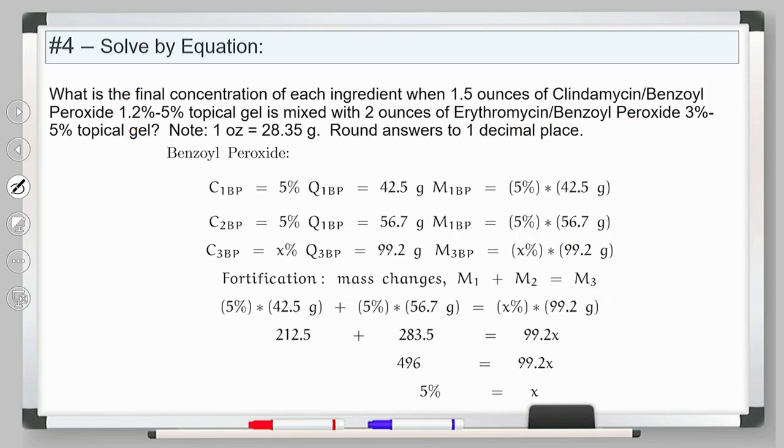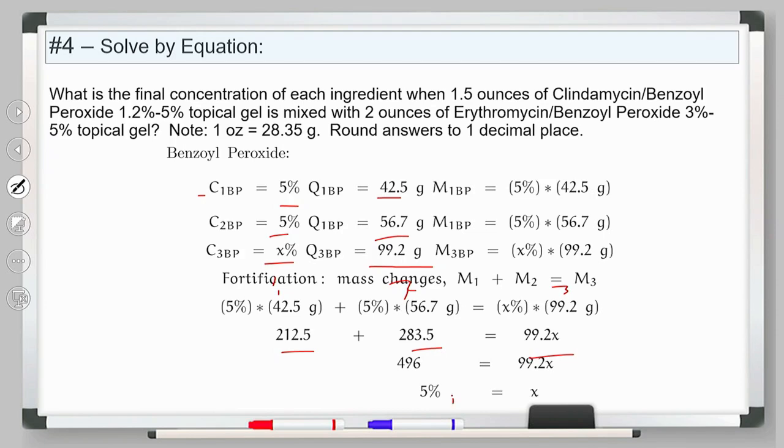All right? On the other hand, benzoyl peroxide is in both ingredients. So again, the first one has 5% in this weight. The second one has 5% in this weight. And when we mix those together, I don't know what the combination will be, but I know what its final weight is. So again, this mass plus this mass, there's 1, there's 2, equals number 3. If you do the math, you multiply those out, it equals still the 99.2x.